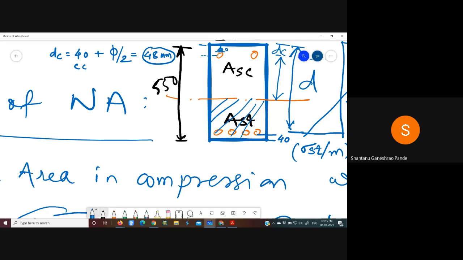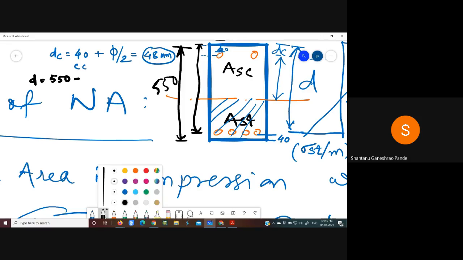Next, we have to calculate the D value. Now D is measured from the top to the center of the bar. The overall depth is 550 mm. So 550 minus, we will deduct the clear cover, which is 40, and from that you have to deduct half the bar diameter.